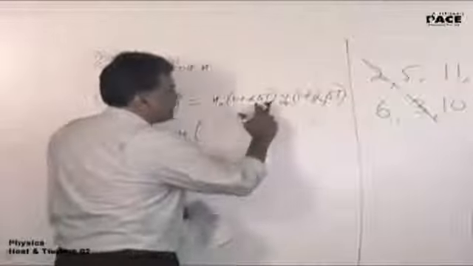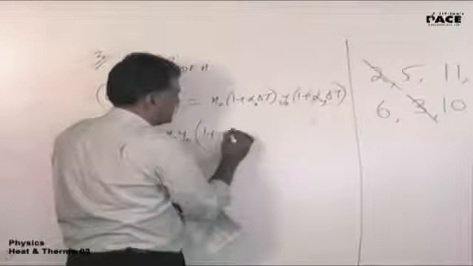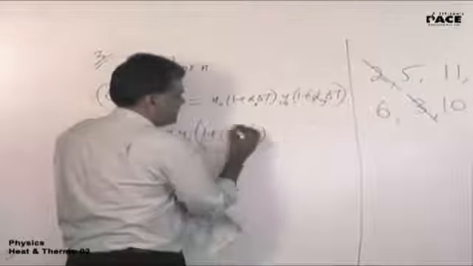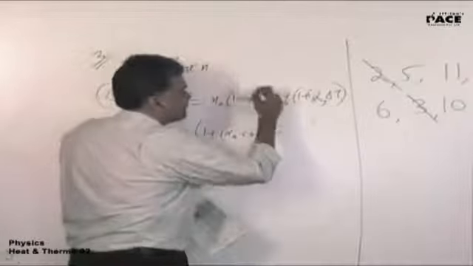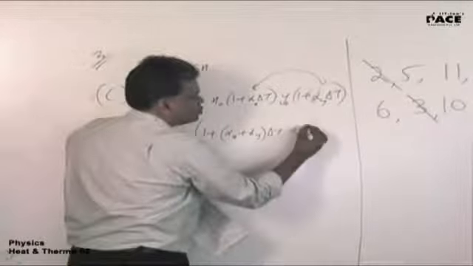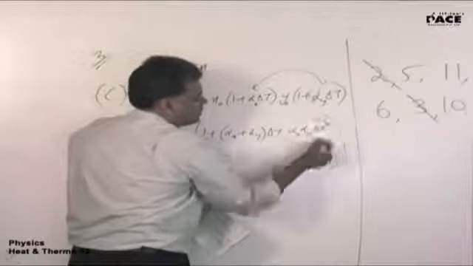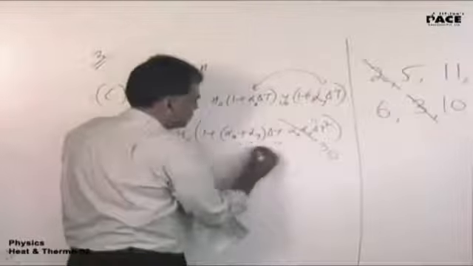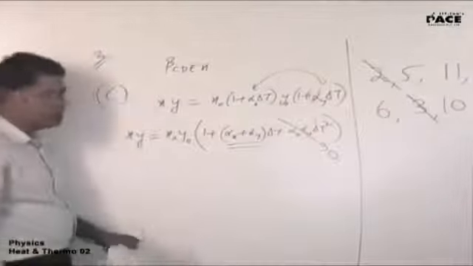Now here I have put alpha X delta T, alpha Y delta T. If you multiply, this becomes alpha X plus alpha Y delta T. Alpha X into alpha Y delta T squared will be too small, we'll neglect this. So if you compare it, this is your beta.